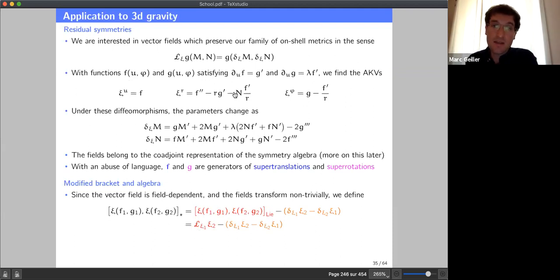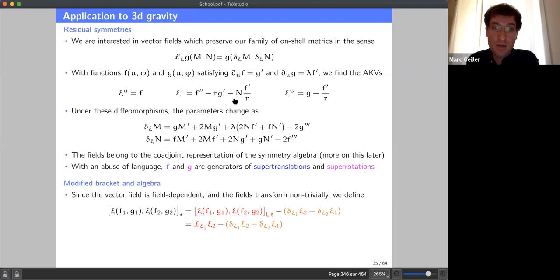The reason for this is that the vector field has an R component, which is field dependent. Because of this, you have to correct the Lie bracket with this contribution here in orange. And you see that this contribution is precisely subtracting a piece, which is a diffeomorphism acting on the other one, but not acting by the Lie bracket, but acting in the sense that we wrote here.